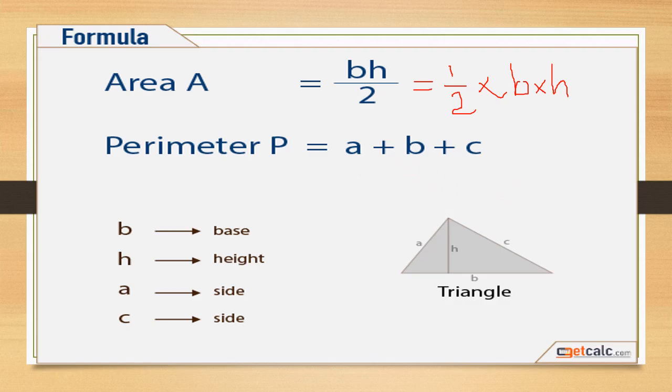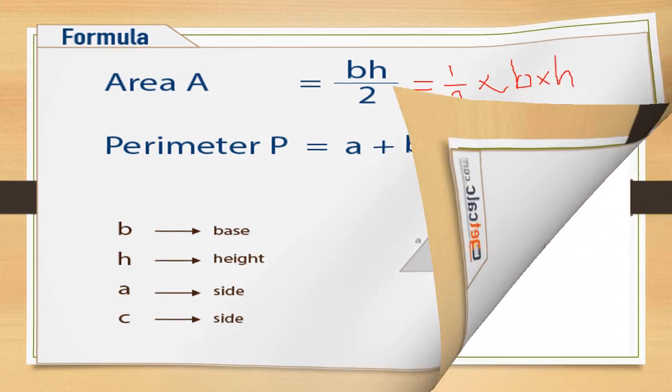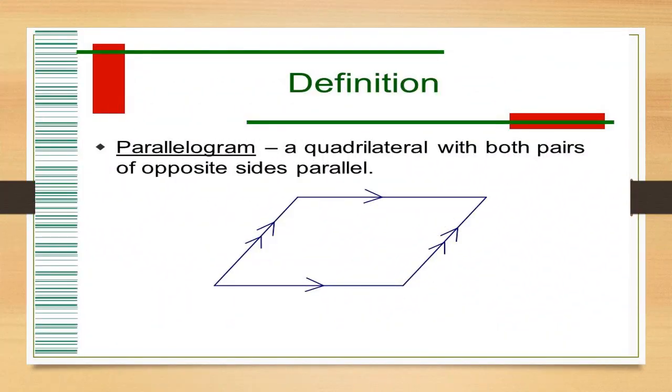Right. Next. Actually, these things we learned in 7th standard book already. That is parallelogram and then rhombus and trapezium. First I'll go with definition of parallelogram. Parallelogram means a quadrilateral with both pair of opposite sides parallel.